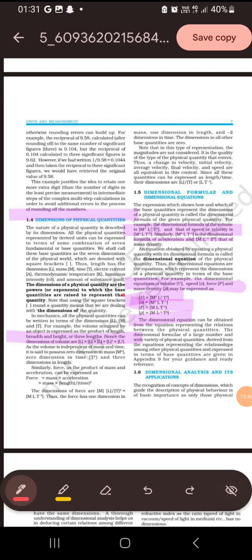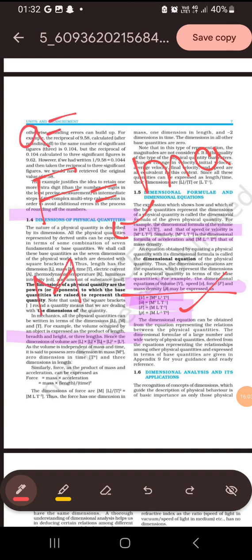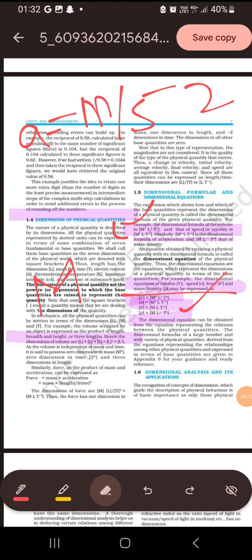For some of the quantities they were given the dimensional formulas. Shall we derive one dimensional formula? Shall we derive the dimensional formula for force? What is the formula for force? Mass into acceleration. How do we represent mass? As capital M. How do we represent acceleration? Acceleration is meter per second square. How can you represent meter?